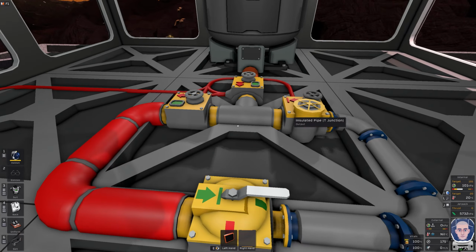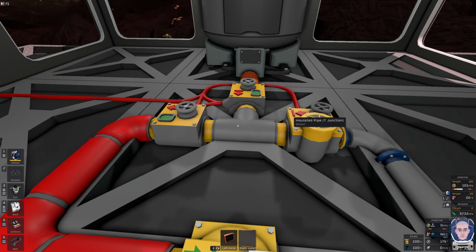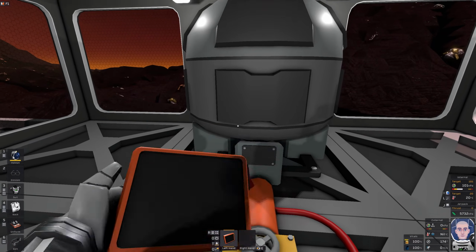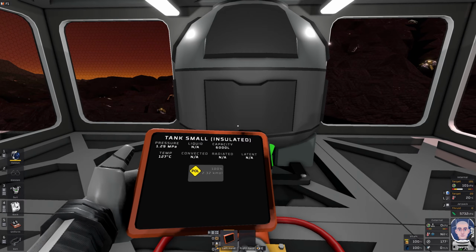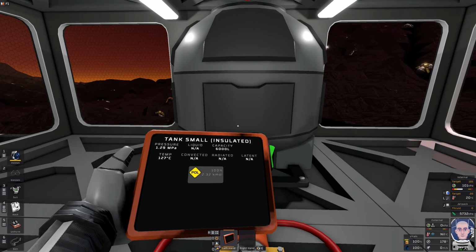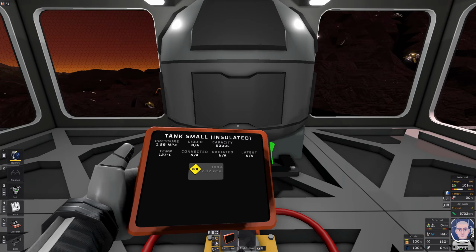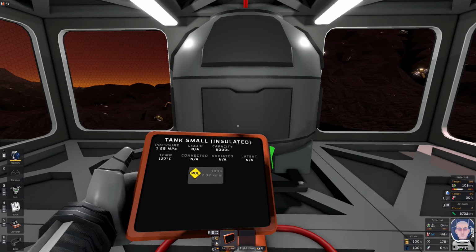All right, but there's no refrigerant in the system, so we need a way to inject it. So what we have over here, we have a tank, and our tank is at 127, which would be about if you pulled it out of the Vulcan atmosphere using a filtration device. You could also use the technique in the other video to extract pollutants, which gives you around 60, 70 Celsius pollutants.